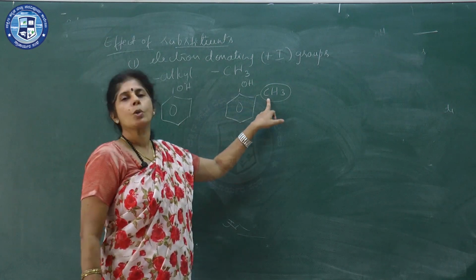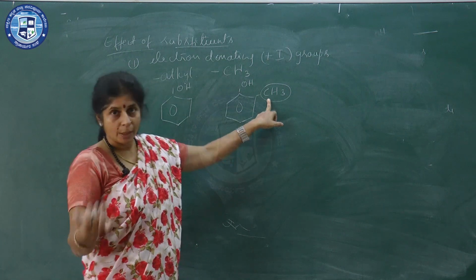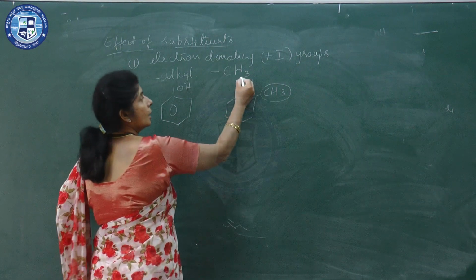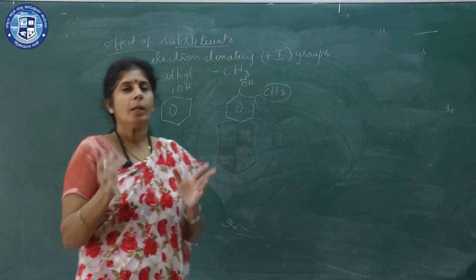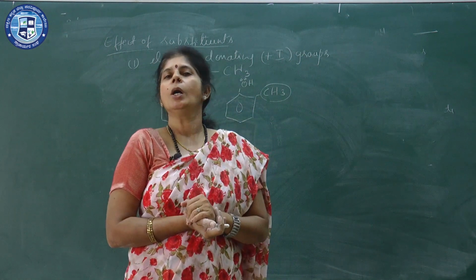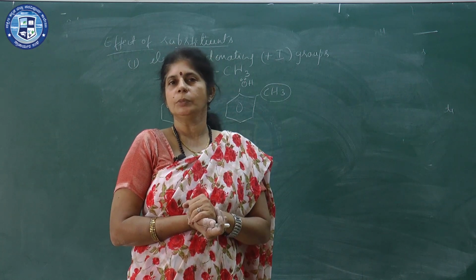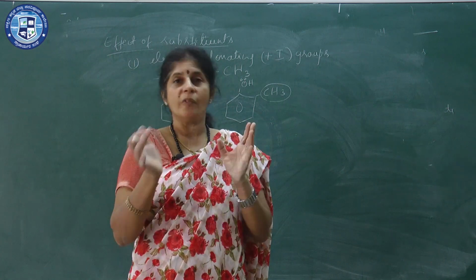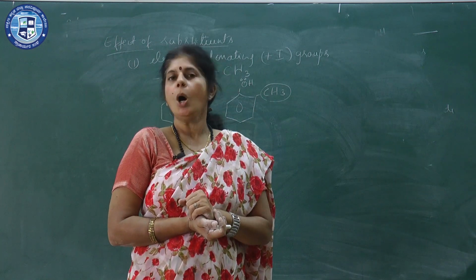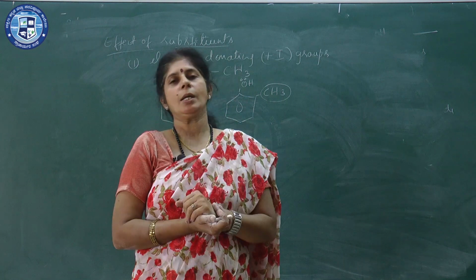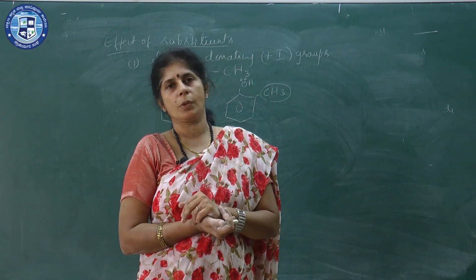So these are electron donating groups, so they donate electrons. That means they can increase the electron density on the oxygen atom. Wherever there is an accumulation of electrons, or the electron density increases, the stability always decreases.